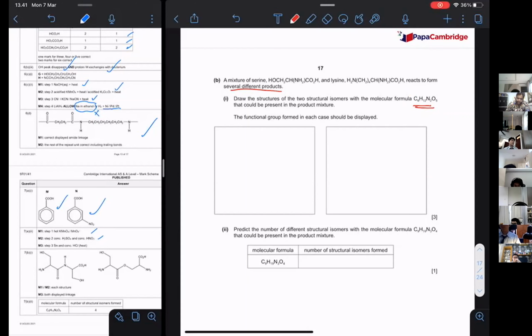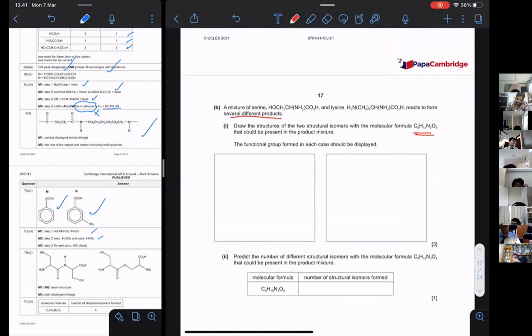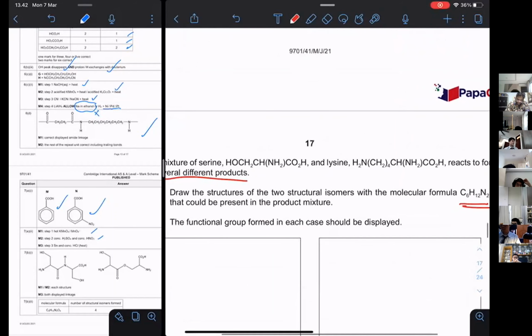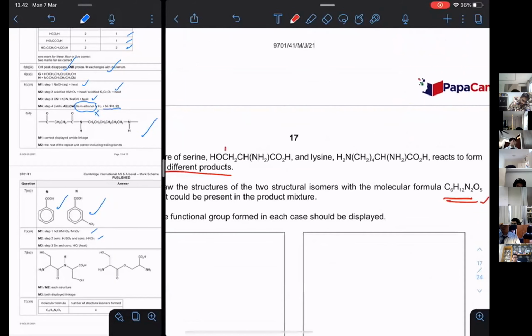Let's actually form the product. Let's see, C6H12N2O5. I think maybe we just draw this one first. C6, let me check. So 1, 2, 3, 3, 4, 5. 5 plus 4 is 9.